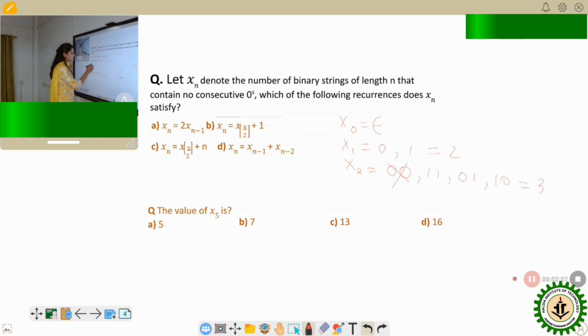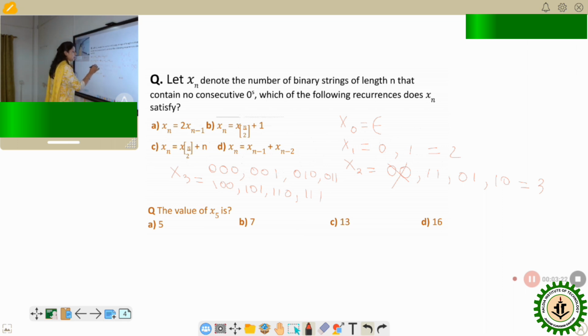Then x3, the length of the string will be 3. So 000, 001, 010, 011, 100, 101, 110 and 111.